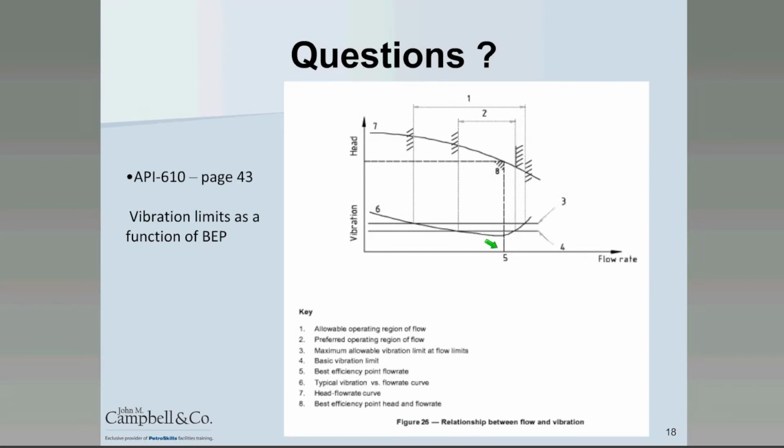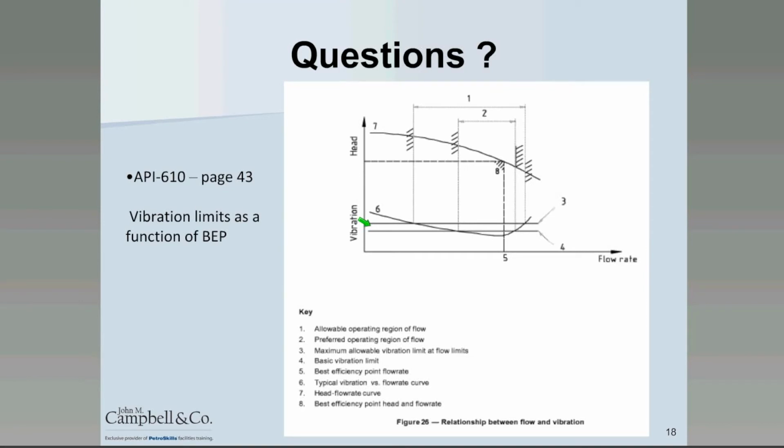They've actually drawn what they call a vibration flow rate curve on here. The vendor offers two vibration limits, an allowable and a maximum, giving rise to an allowable operating range and a maximum operating range.